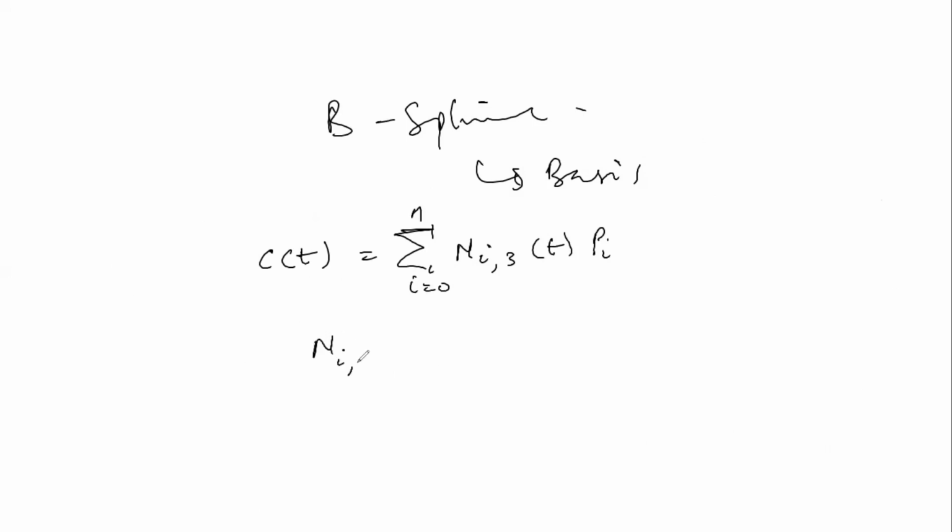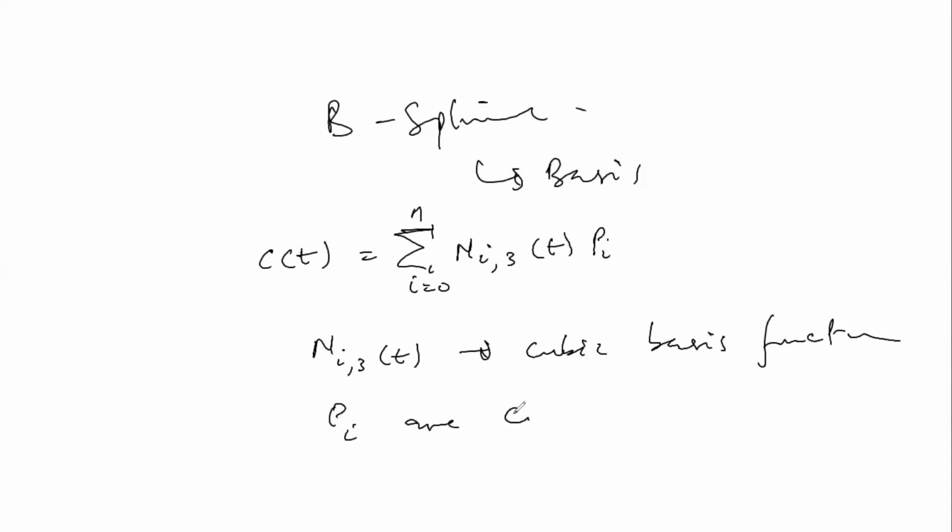And N sub i of 3 of t is the cubic basis function. Okay, and then p sub i are the control points.